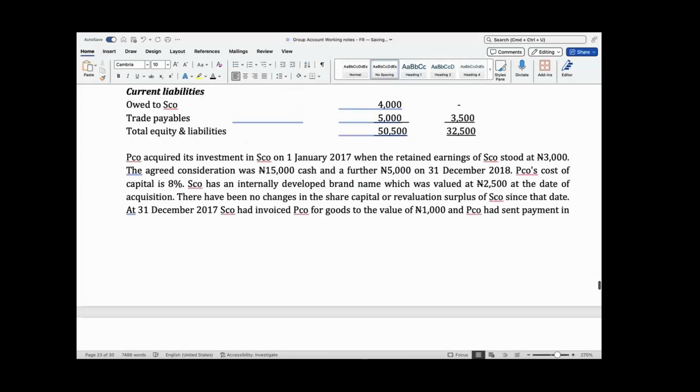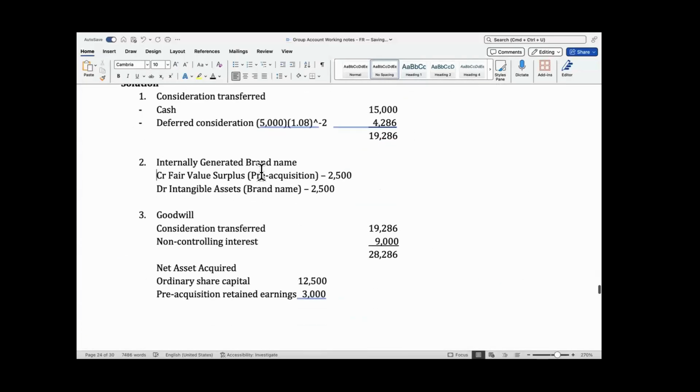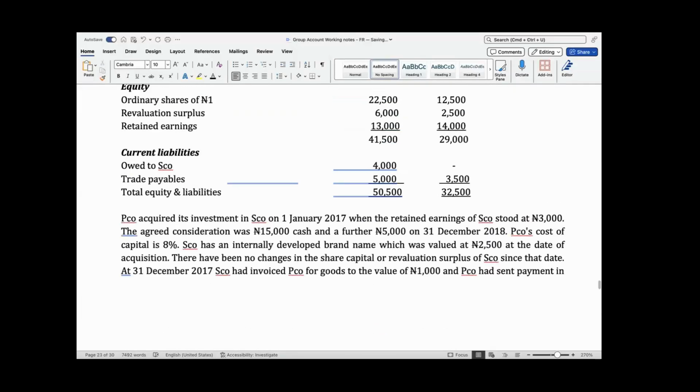Then things you might forget in the exam. Number one is this workings that I set up: this fair value surplus for brand name. Let me put brand name in brackets so that you know it's arising from that brand name. It didn't just come there magically. Another one you might forget is that they told me there have not been changes in share capital and revaluation surplus since that date.